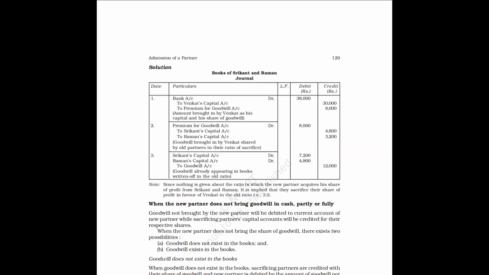We simply take that old ratio as the sacrificing ratio. Now let's see the first entry.